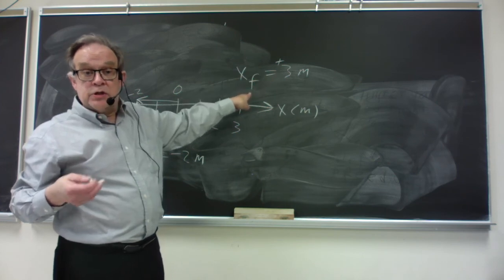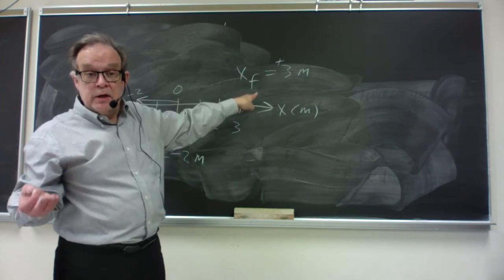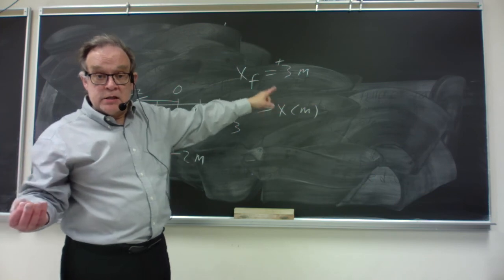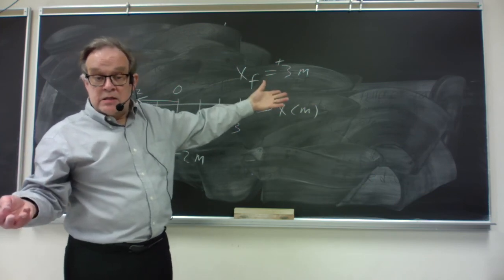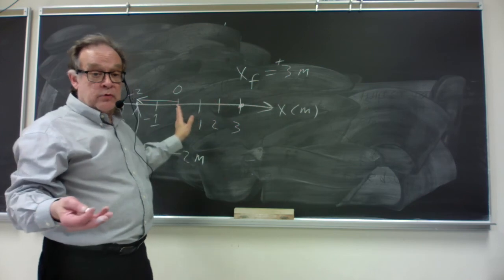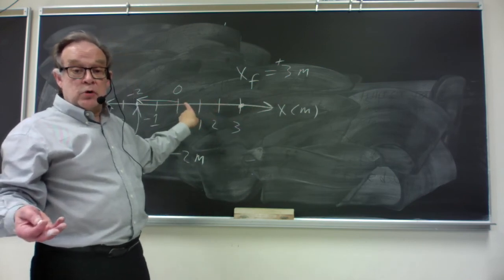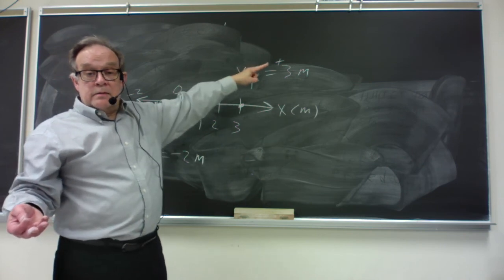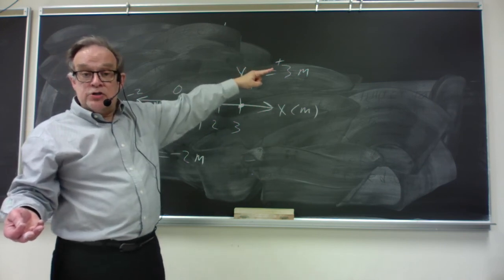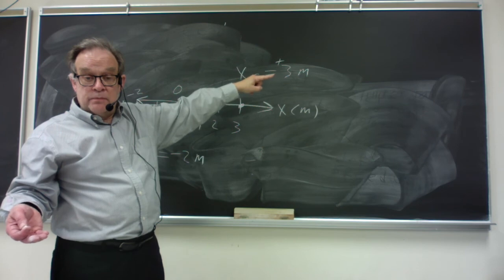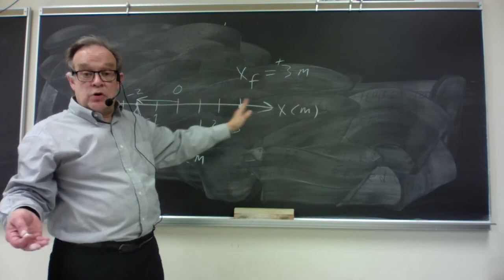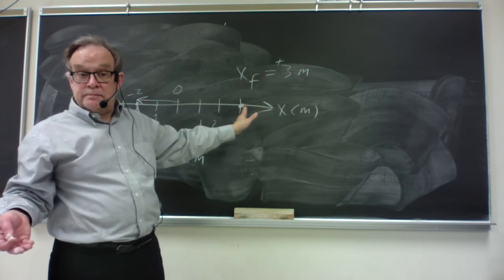Location is a vector which contains 2 pieces of information, a direction and a size. 3 is the size. That means you have to travel 3 meters to get to this point if you're starting from the origin. And the direction indicated by a plus sign means you have to travel in the positive direction if you're starting at the origin and want to get to this point.